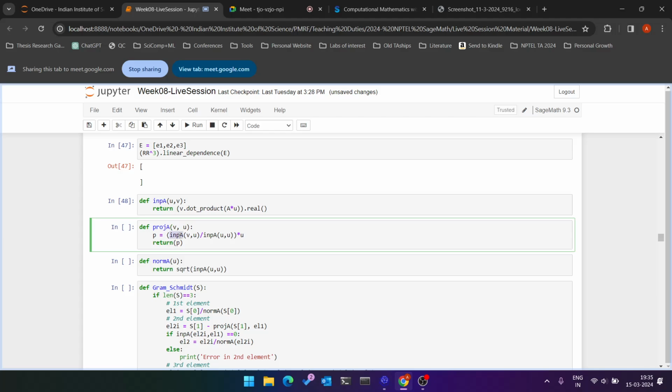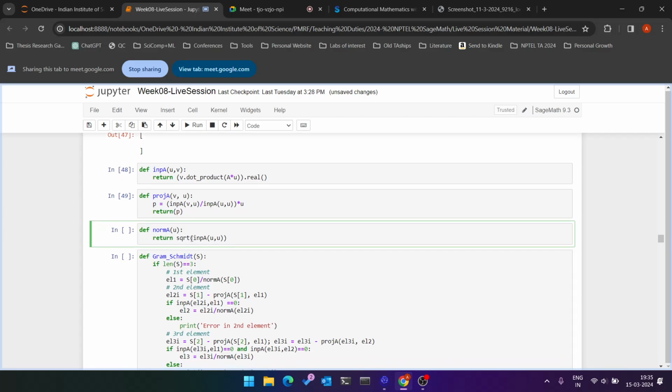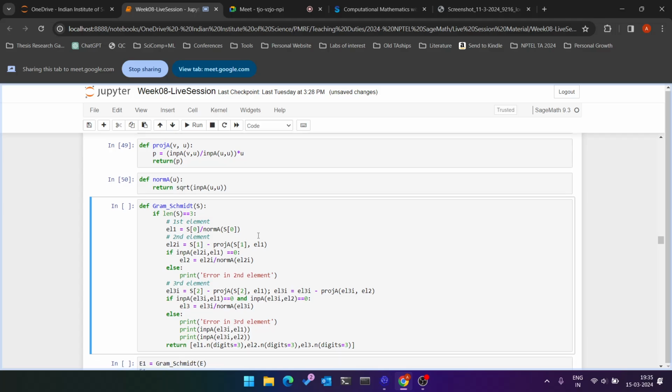We find the inner product between v and u, divide it by the inner product of u with itself, and multiply the scalar we get with the vector u. So this will give us the projection of v on u. And for the norm of a particular vector, I'm defining it as the square root of the inner product between u and u itself. So that gives me the norm with respect to our space.